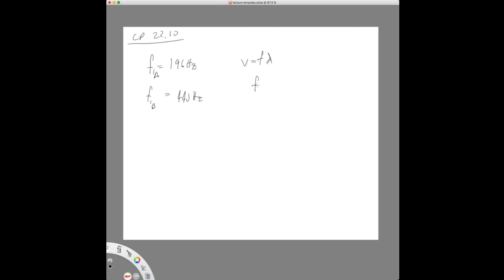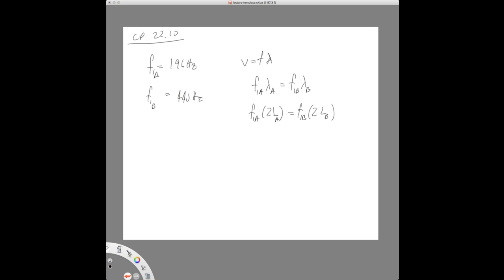So we could say F1A times lambda A must be equal to F1B times lambda B. For the fundamental frequency, we know that the wavelength is 2 times L. So that would be F1A times 2 times the length equals F1B times 2 times the length again. So this would be called length A and length B.